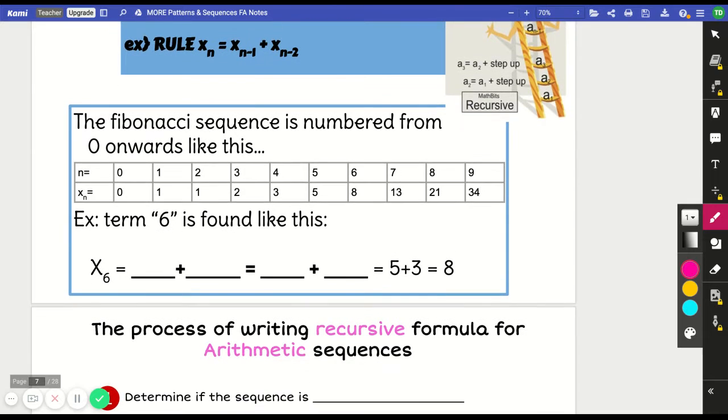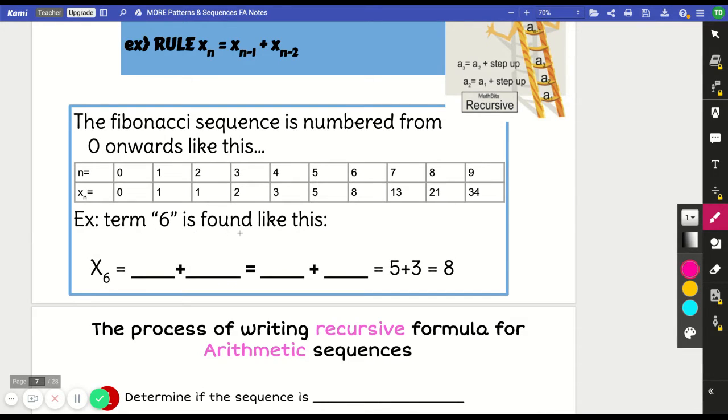Let's look at this example, and that's going to help us understand this a little better. The Fibonacci sequence is numbered from 0 onwards like this. So we have the 0, first, second, third, fourth, and so on. The 0 term is 0, the first term is 1, the second term is 1, the third term is 2, the fourth term is 3, and so on.